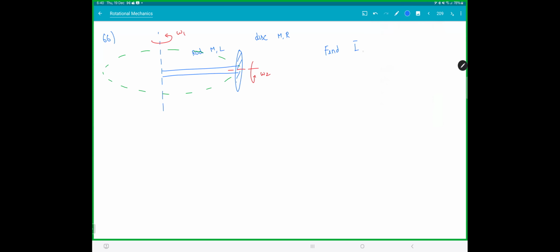Find L bar of the system. Now this, you can't use that formula, angular momentum of center of mass plus about center of mass, because there is no translation here. This is a rotation plus rotation. So your degrees of freedom does matter.